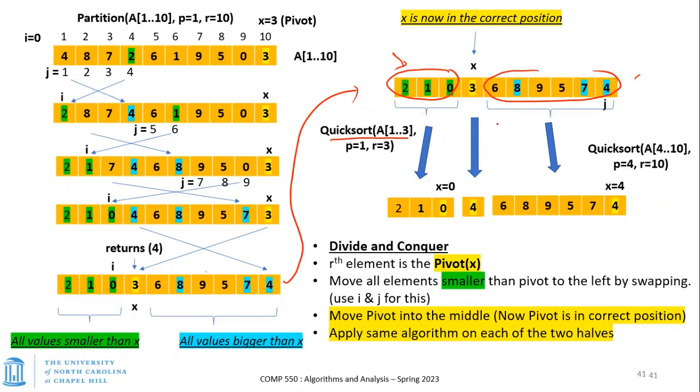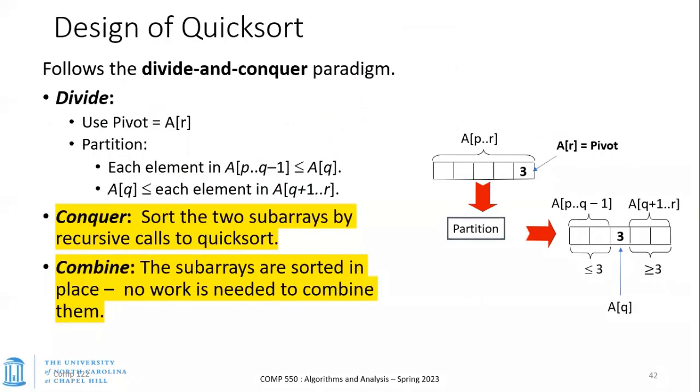So essentially we've divided the array into 3 parts. The center is the pivot, the left side is going to be recursively called, and the right side is going to be recursively called. That, in a nutshell, is the overall quicksort algorithm. We've done the division.